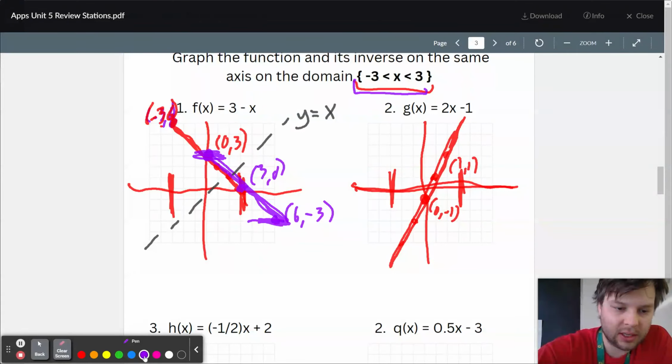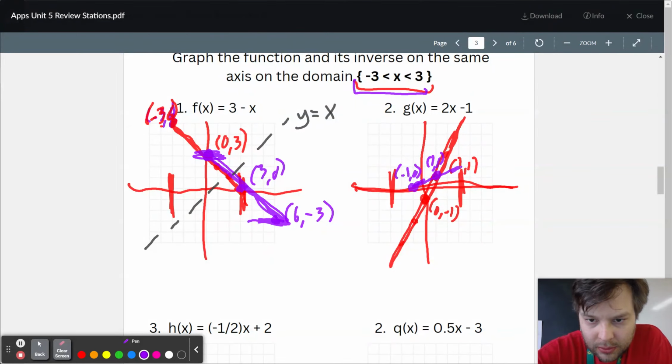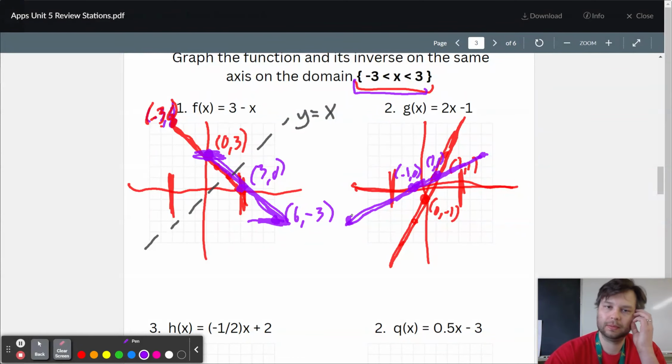And I'm going to reflect those to make negative 1 comma 0 and 1, 1. And my purple graph is only going to go down, so it's got a half of a slope. And it's going to go down to y equals negative 3 and up to x equals positive 3. And it's not going to go beyond those points.